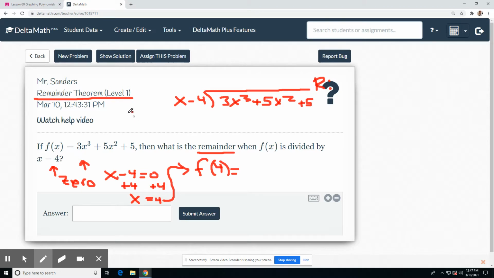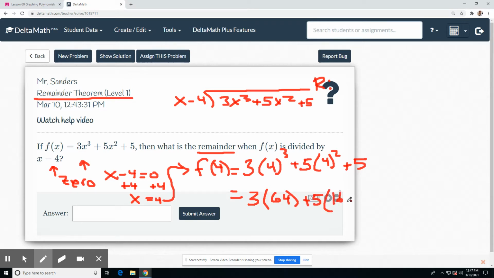It's just a theorem. So that would be 3 times 4 cubed plus 5 times 4 squared plus 5. Exponents come first. 4 times 4 times 4 is 64. 4 times 4 is 16. And still have plus 5. So 3 times 64.